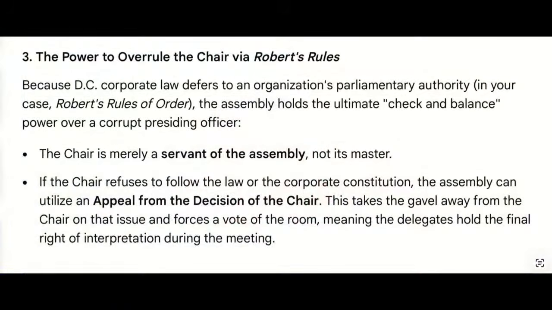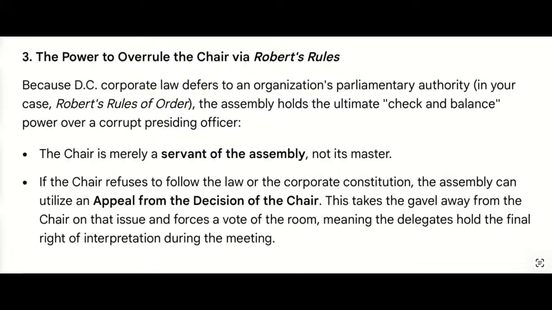Okay. I appeal from the decision of the chair. And this takes the gavel away from the chair on that issue and forces a vote of the room, meaning the delegates hold the final right of interpretation during the meeting. The person who's conducting the meeting doesn't have the final say.